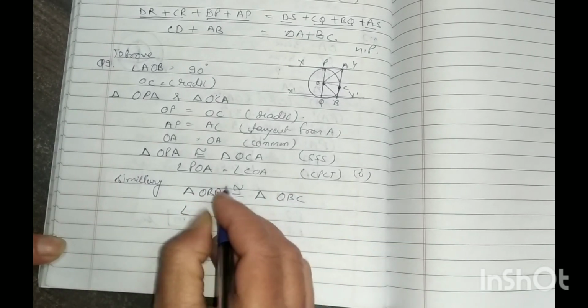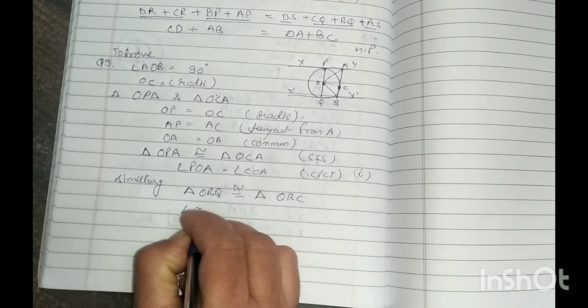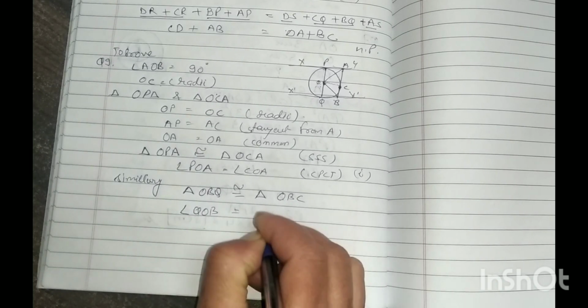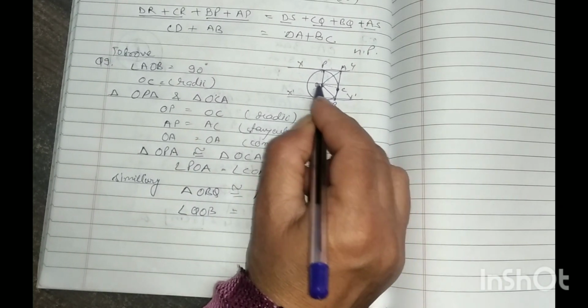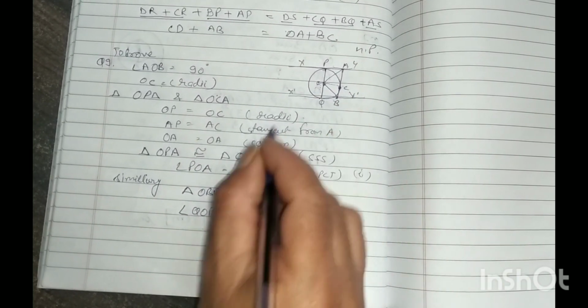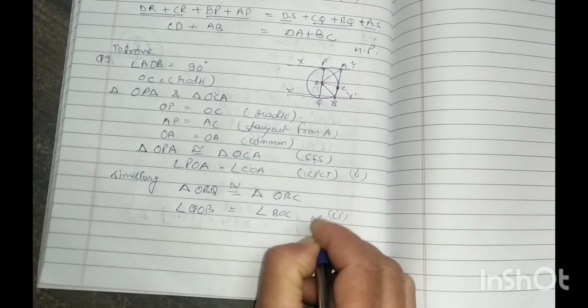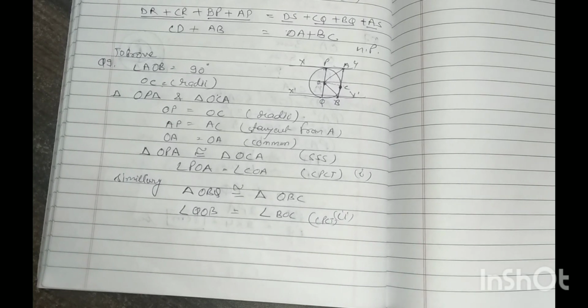So angle QOB equals angle BOC by CPCT. Equation 2.